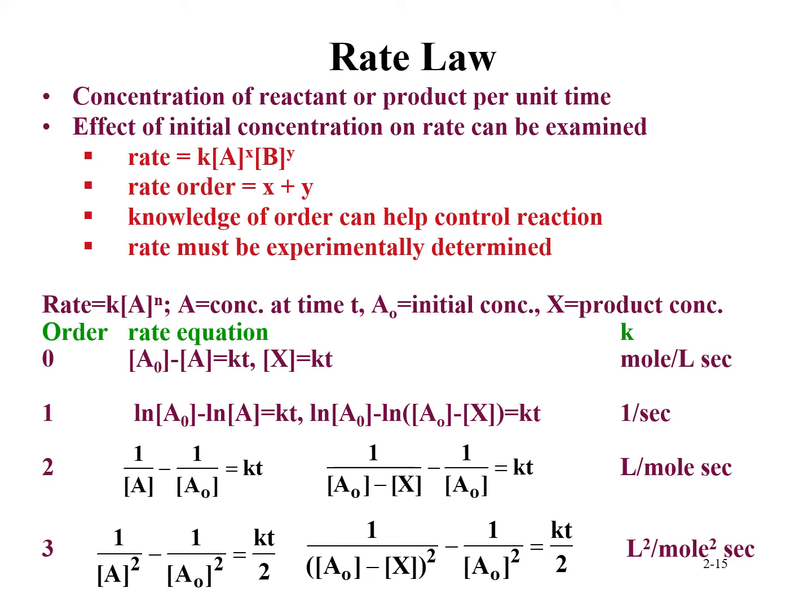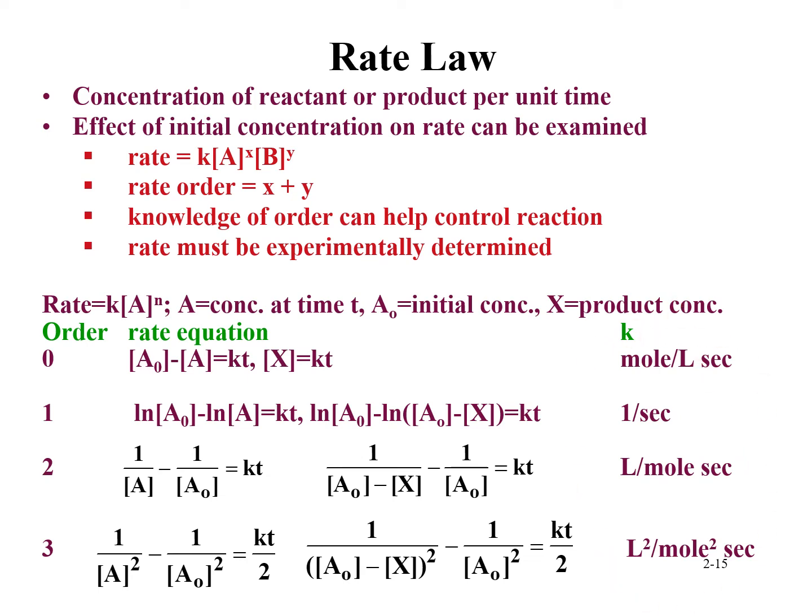And there are some simple evaluations one can make, where if you know initial concentrations at a time t, or a product concentration, you can evaluate equations that help define the rate order. And the equations are listed here with the order and the definition of k.